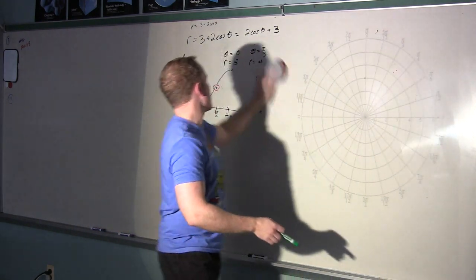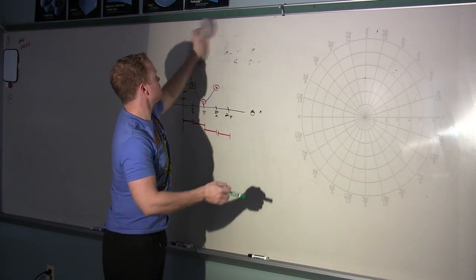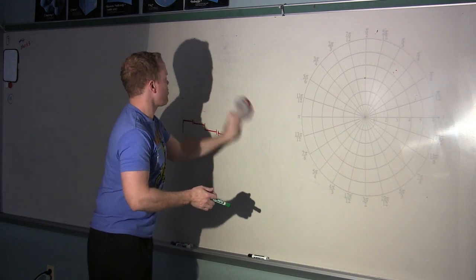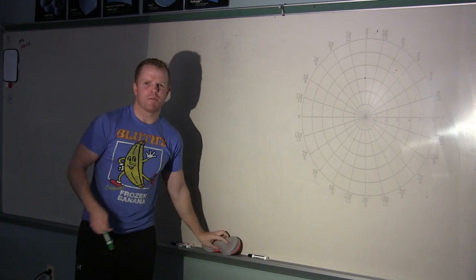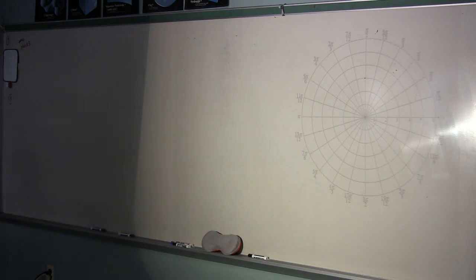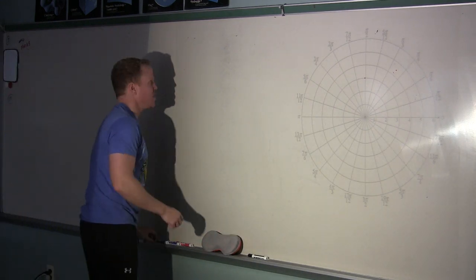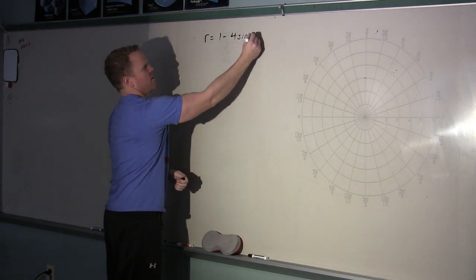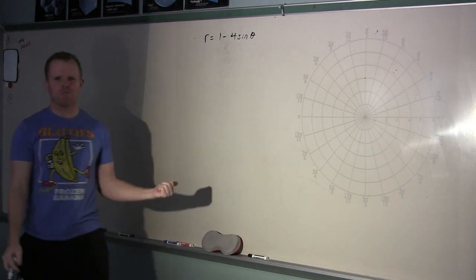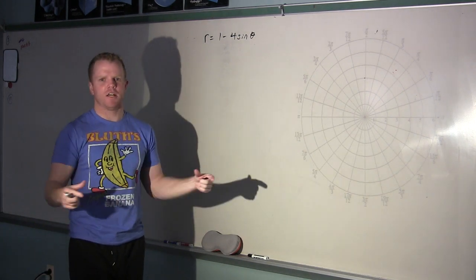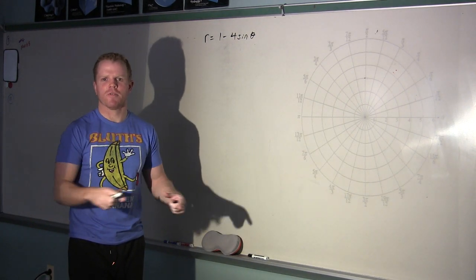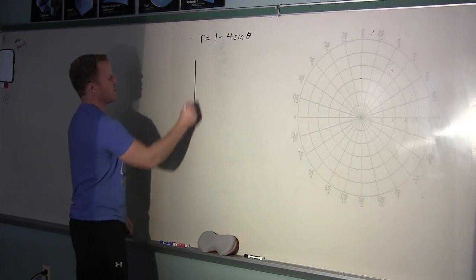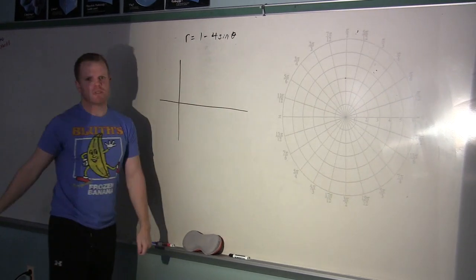We're going to run through a couple other weirder ones, but really not that weird, just slightly harder than that. So the next one I want to do is r equals 1 minus 4 sine theta. All these problems should be in the packet you got last class when we started talking polar. So no tedious point plotting.